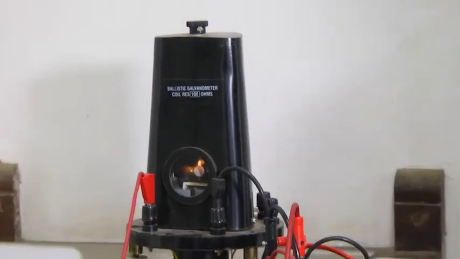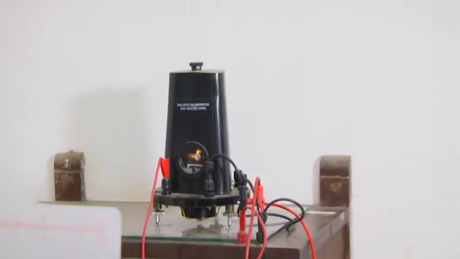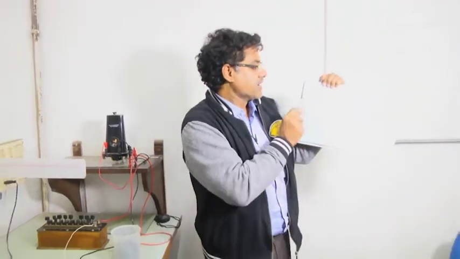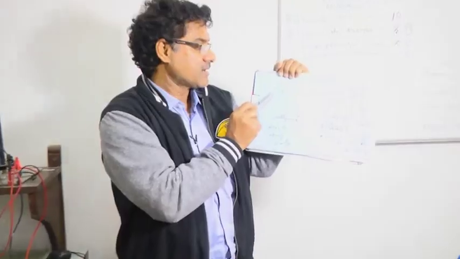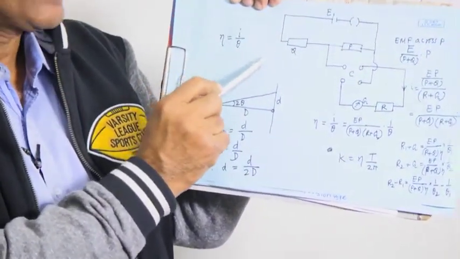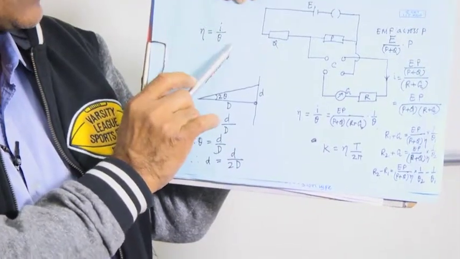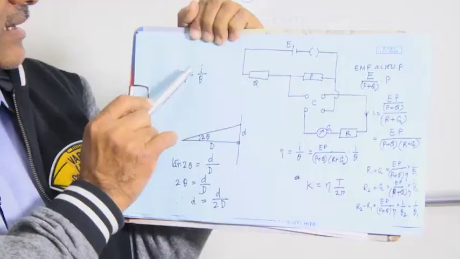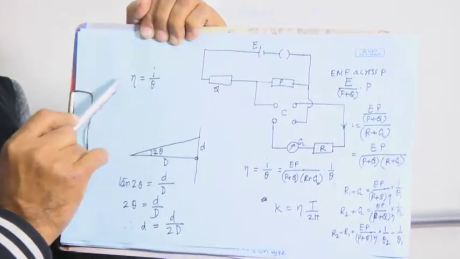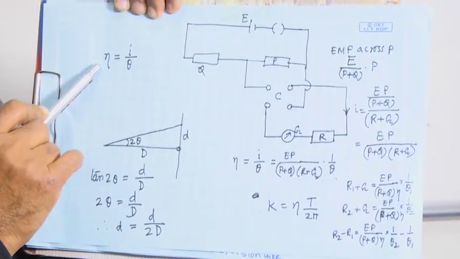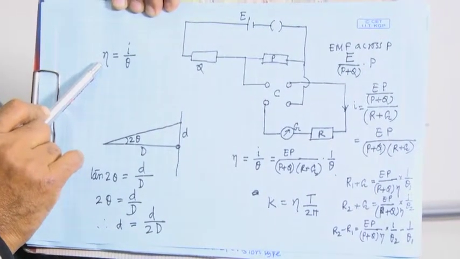So, eta, the current sensitivity, is basically I by theta equal to some constant C by NAB. So, now I is proportional to theta, and this proportionality constant is eta. So, that is the current sensitivity.